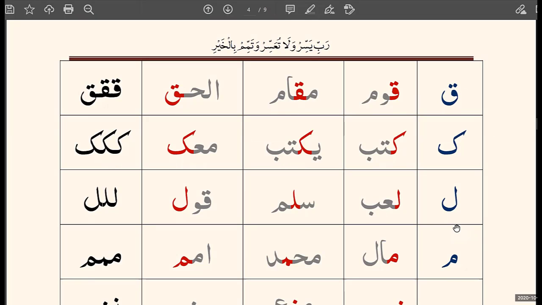Two dots below, underneath two dots. Oh, sorry, my mouse blocked it, so I couldn't see. Ya, Kaf, Ta, Ba, Mim, Ain, Kaf. Okay, mashallah, your ayn is very good.